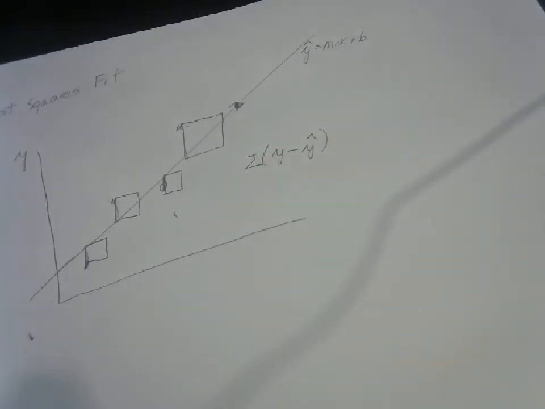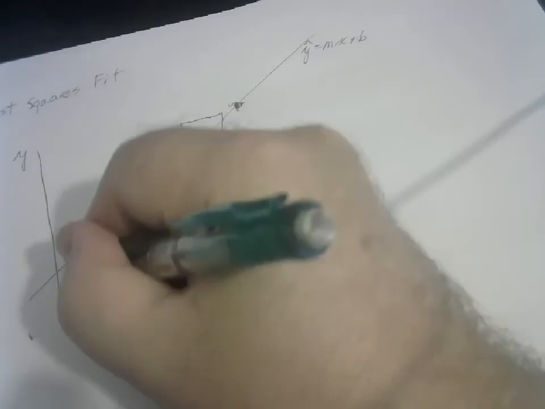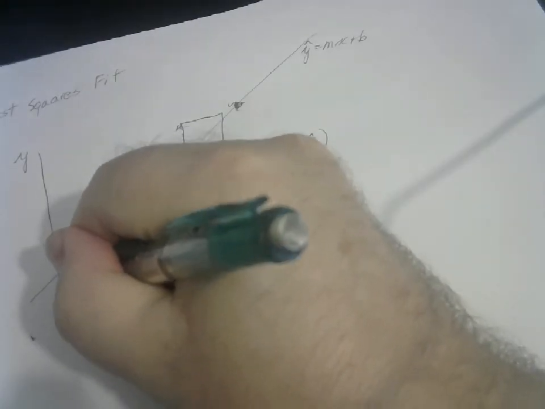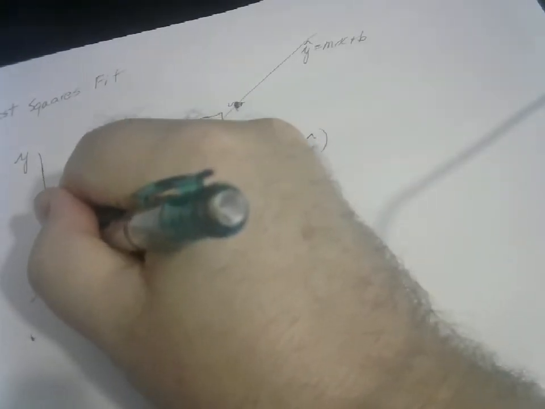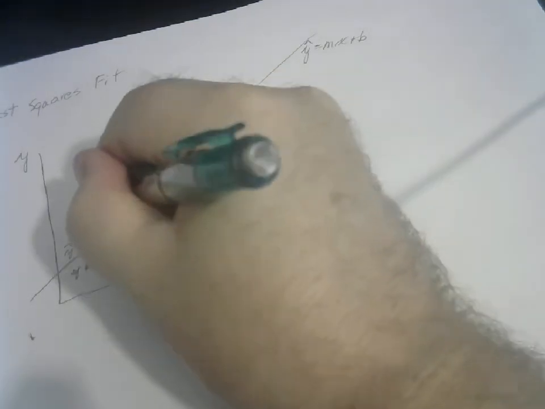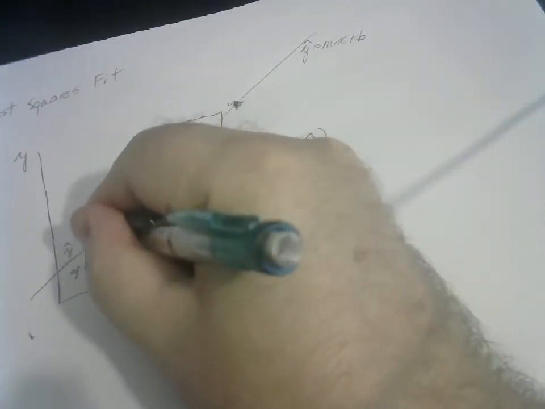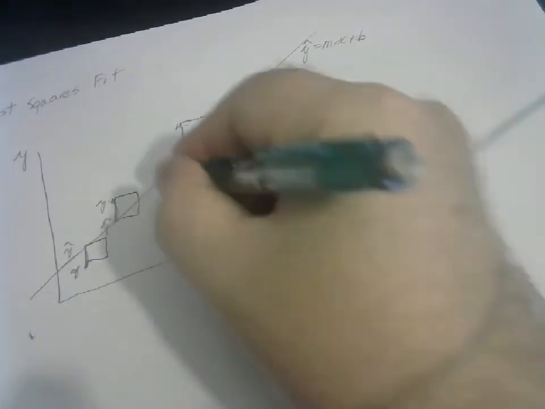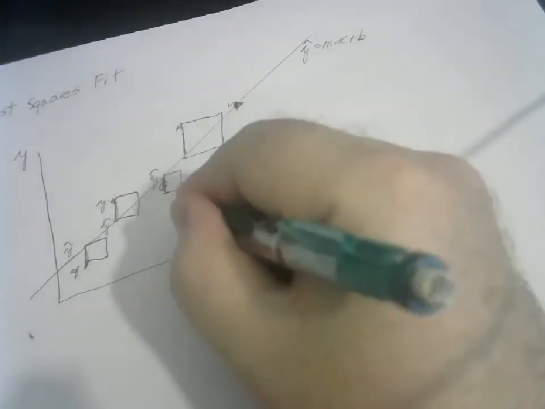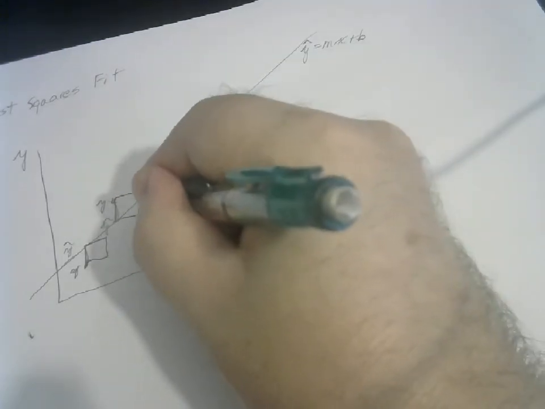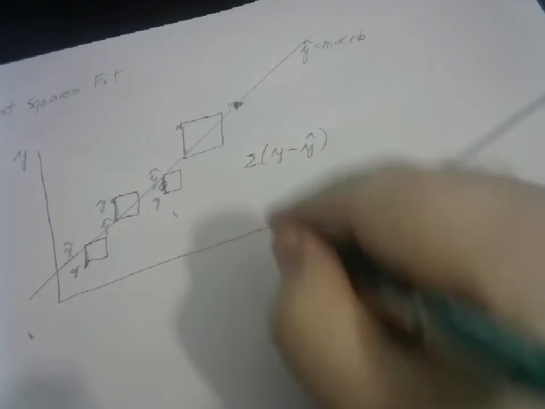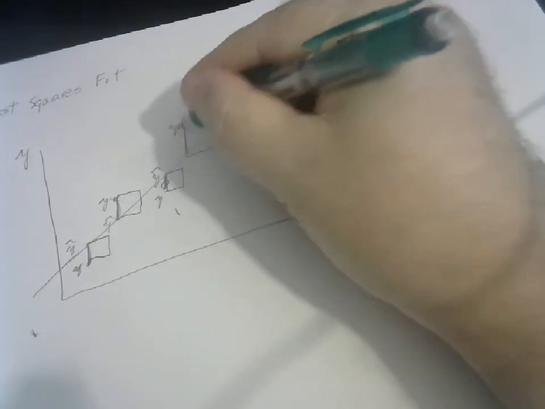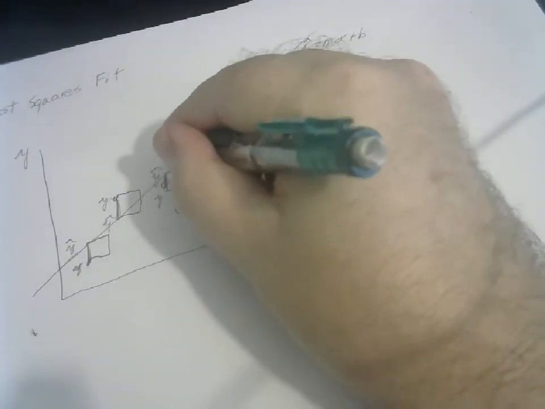Okay, let me say that again. For this one, this point is y, this is y hat. And for this one, this is y, this is y hat. So the number on the trend line is y hat, and the number off the trend line is actual y. Here, the measured y, the predicted y.